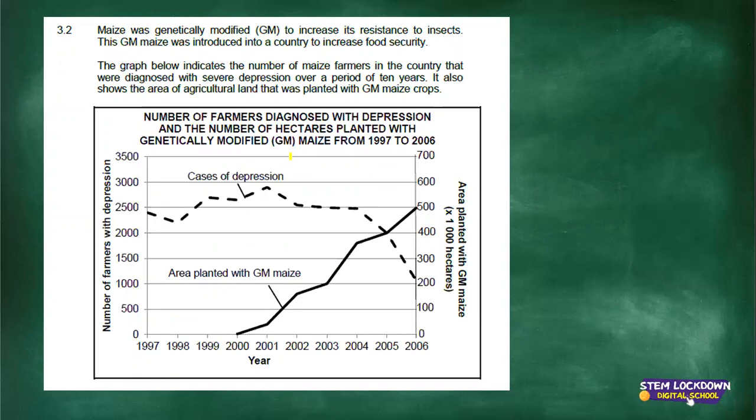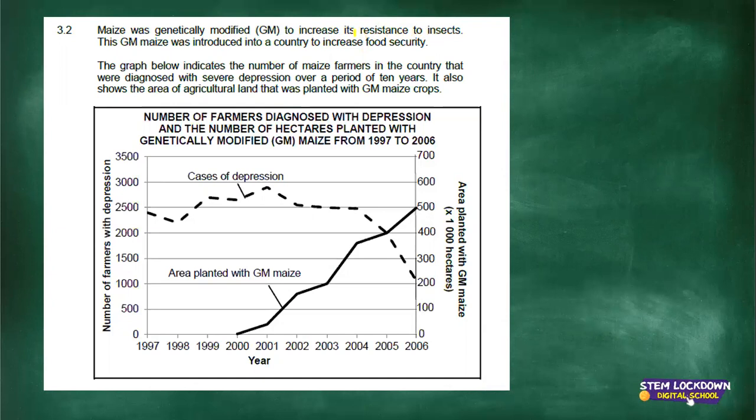3.2 now. Maize was genetically modified to increase its resistance to insects. This GM maize was introduced into a country to increase food security. So genetically modified maize was introduced to this country to increase food security. How was it modified?